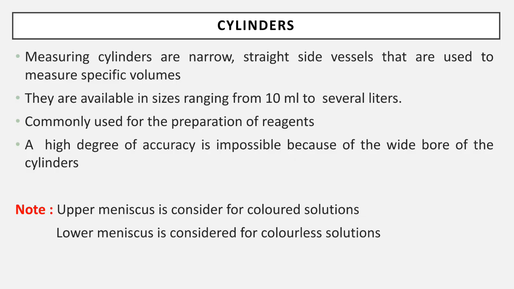Today we are discussing the remaining types of glasswares, and the first one is cylinders. Measuring cylinders are narrow, straight-sided vessels used to measure specific volumes, and they are available in different sizes from 10 ml to several liters.